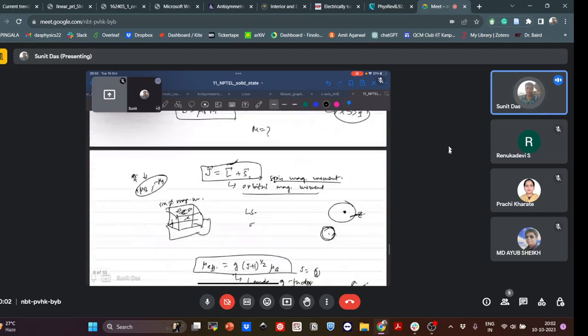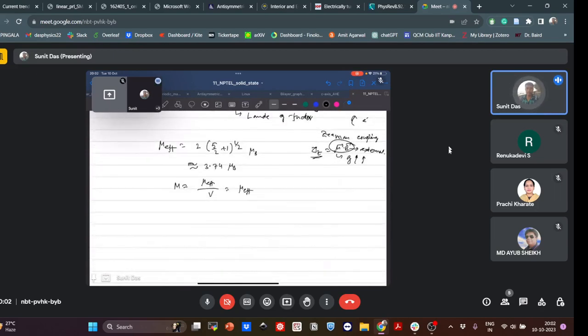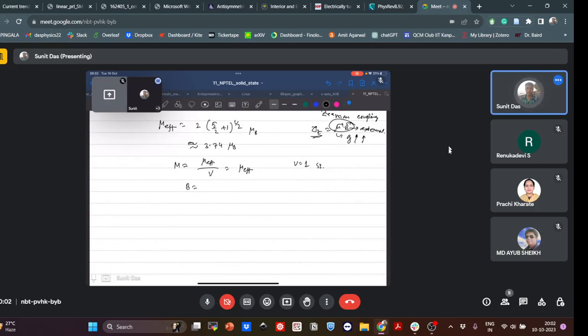So if we assume that mu effective itself is the magnetization per unit volume, basically we are assuming V is 1 SI unit, then the intrinsic magnetic flux B will be mu 0 into mu effective, which represents M. So mu 0 is 4 pi into 10 to the power minus 7 SI unit, and then 3.74 into 9.27 into 10 to the power minus 24. It is not close to any of these values.